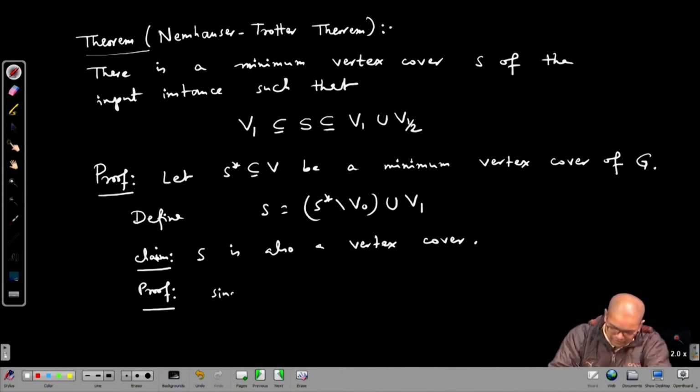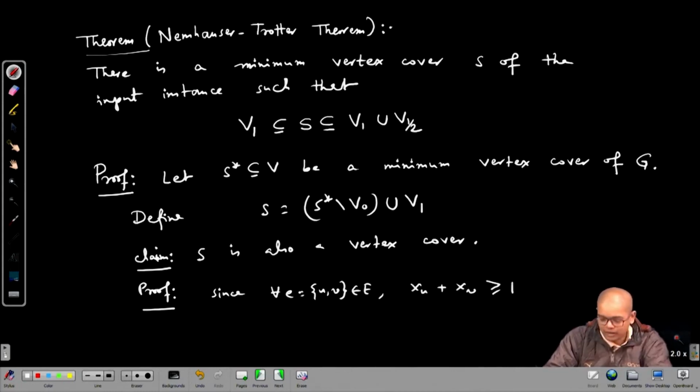Since every vertex has at least one edge, because there is no isolated vertex, and because reduction rules 0, 1 and 2 have been applied, and since for each edge e equal to u comma v in E, we have xu plus xv greater than or equal to 1. So, if a vertex u belongs to V0, that means xu equal to 0, then xv must be equal to 1.